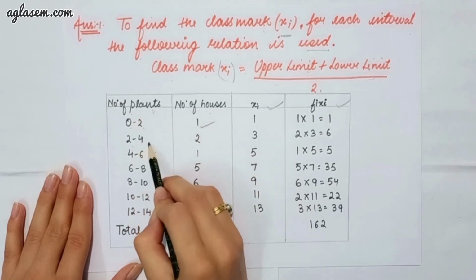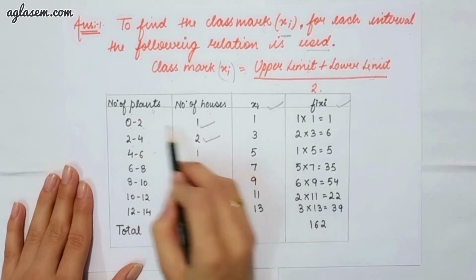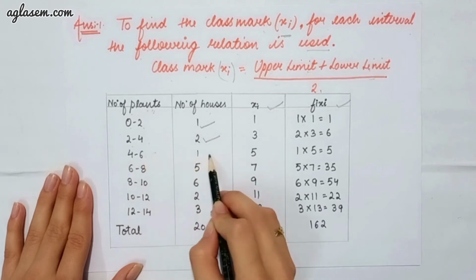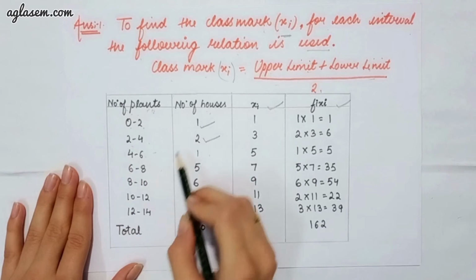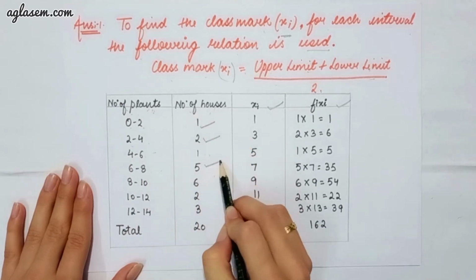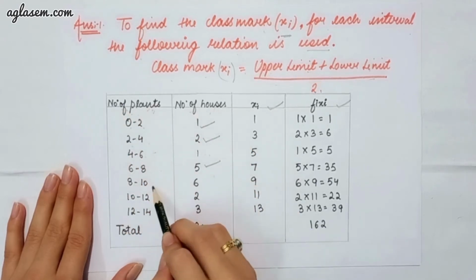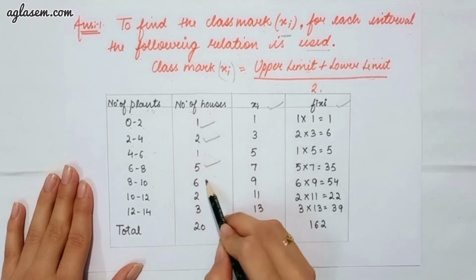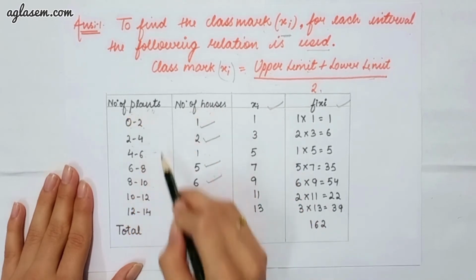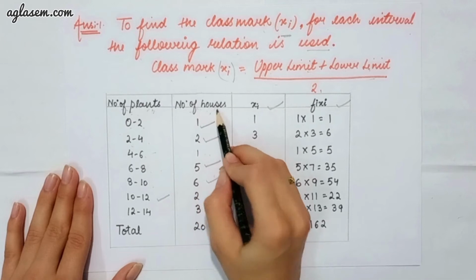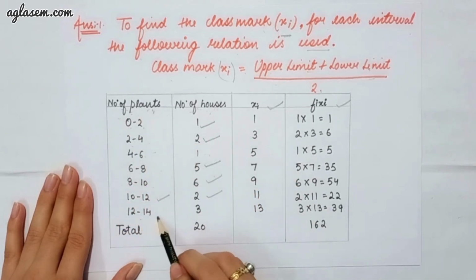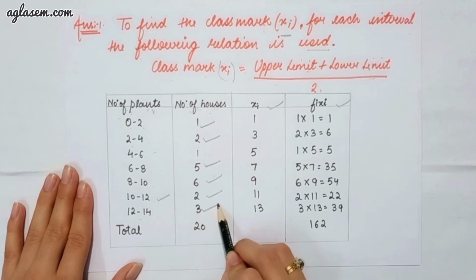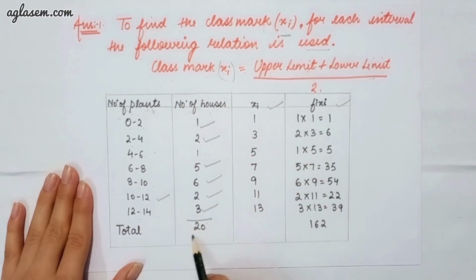From 2 to 4, houses 2. From 4 to 6, houses 1. From 6 to 8, houses 5. From 8 to 10, houses 6. From 10 to 12, houses 2. And from 12 to 14, houses 3. So total number of houses we have is 20.